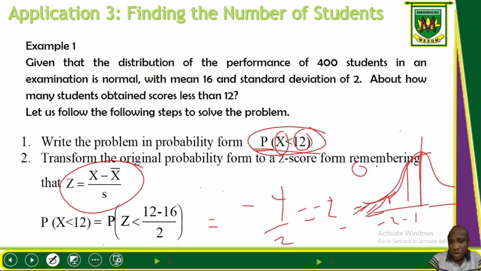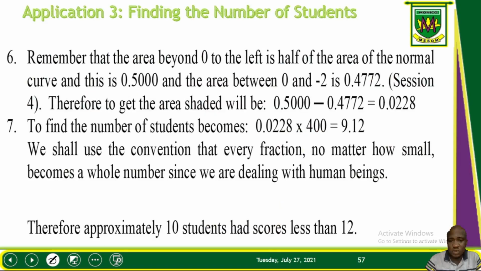And since we are dealing with only one side of the curve, we are going to use the one side which is having the total 0.5. I've explained this severally. So what we have to do is, after getting our value from the table, which is 0.4772, we need to deduct from the total of the half of the curve, which is 0.5.